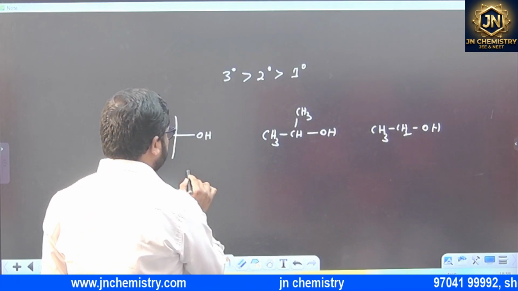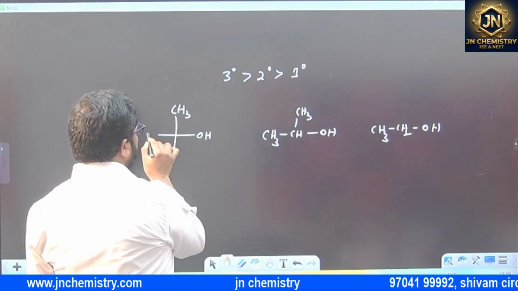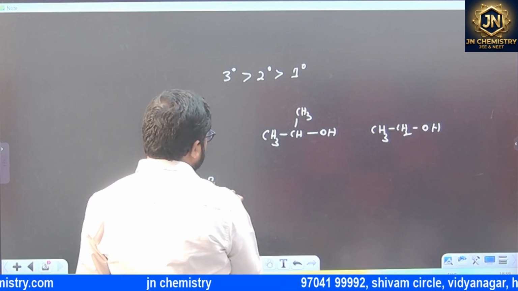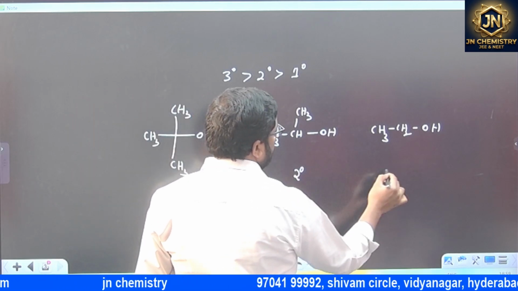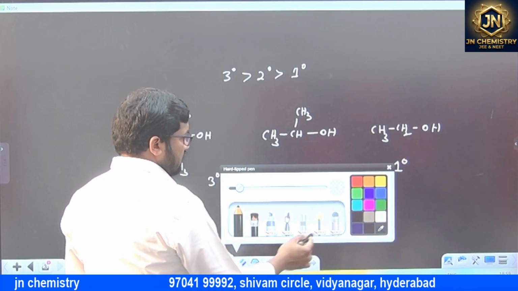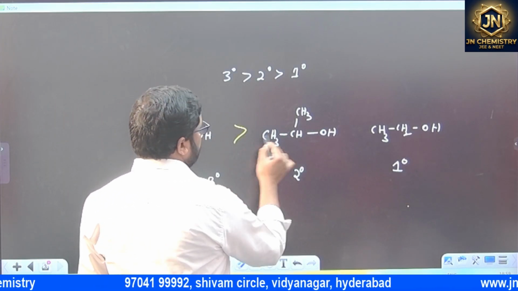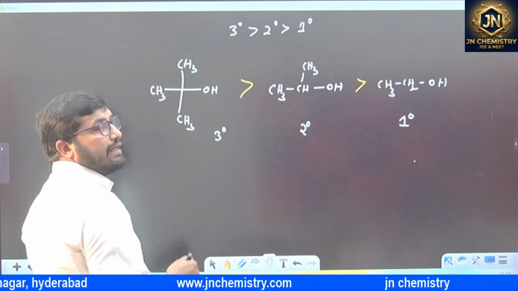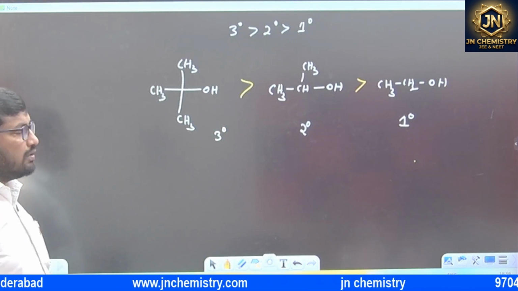This is 3 degree, this is 2 degree, this is 1 degree. Because in dehydration of alcohol, 3 degree alcohol dehydrates most easily.